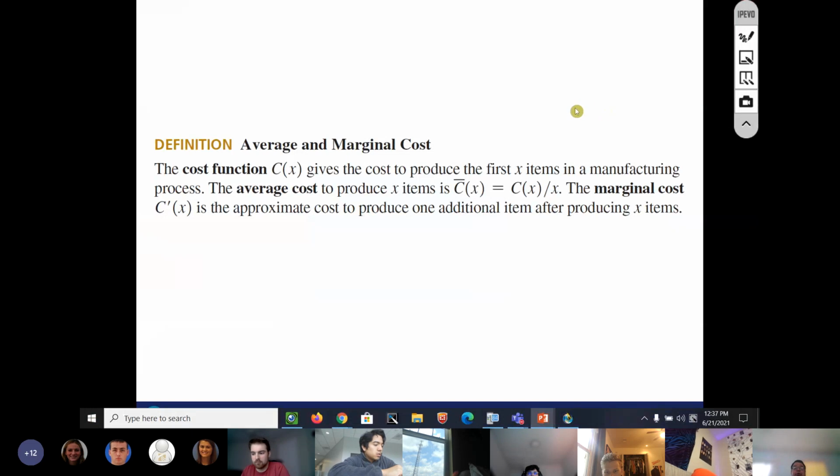The cost function gives the cost to produce the first x items in the manufacturing process. The average cost to produce x items is C(x) divided by x. The average cost, you divide by x. The marginal cost is your first derivative.